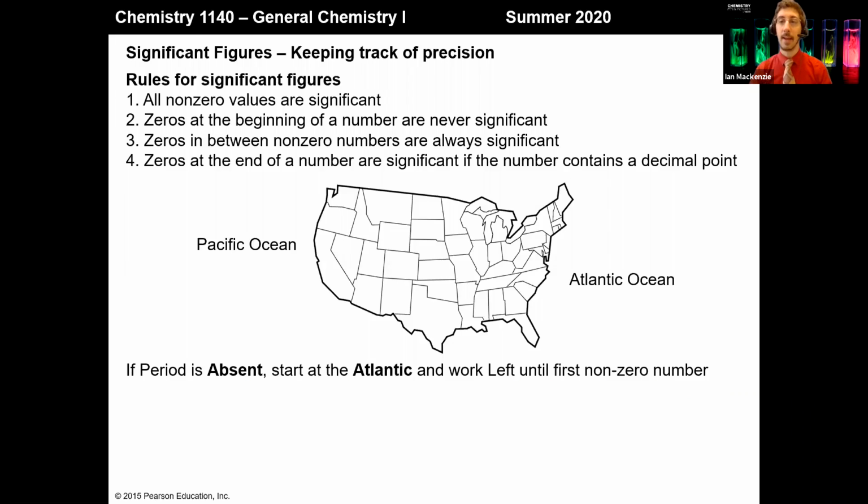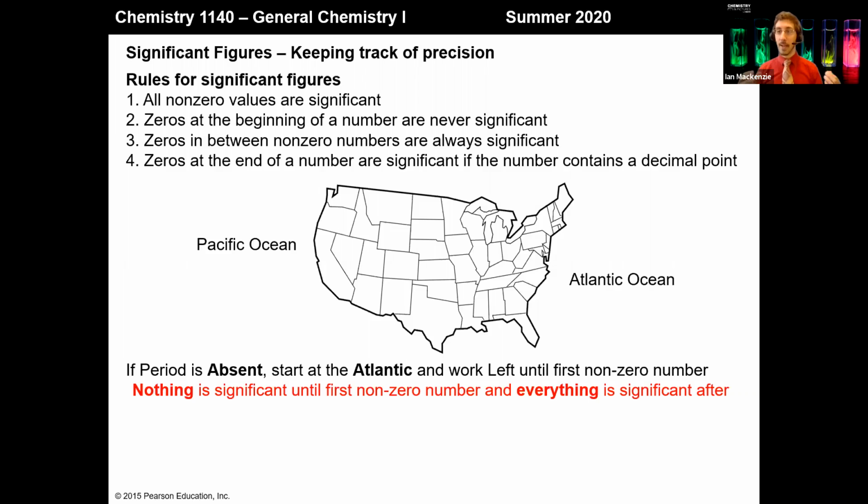If the period is absent, then I start at the Atlantic Ocean and I work left until I hit the first non-zero number. So again, nothing is significant until you hit the first non-zero number, and then everything is significant after that. Examples for this, say some ginormous number like 1,540,000,000.